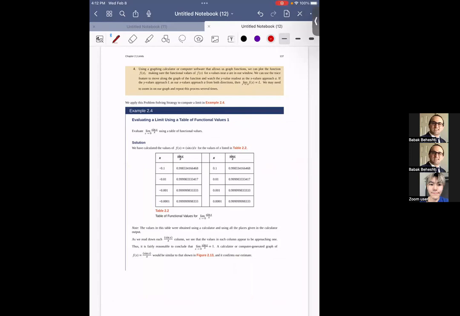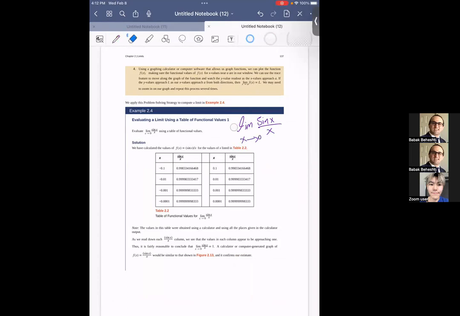A good example for creating a table to help us find the limit is this: compute the limit of sine x over x as x goes to 0.